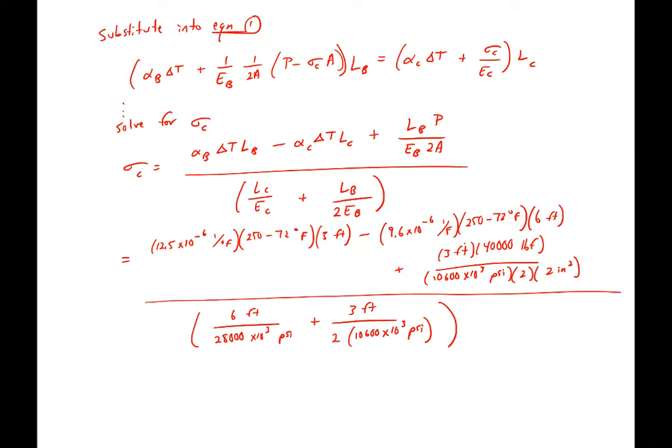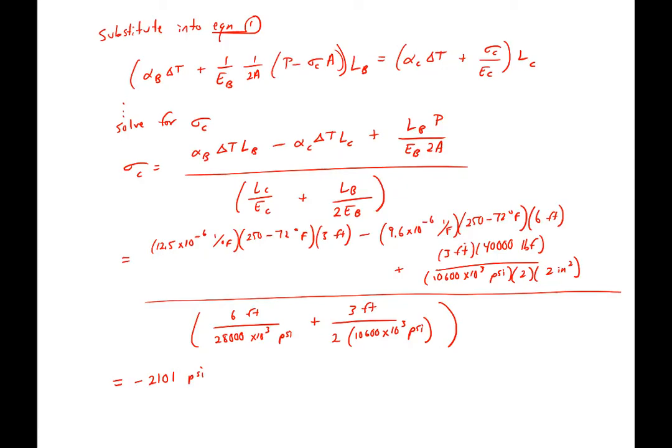And you have to be a little bit careful here with how all of our things are going to cancel, right? We have to make sure that all of our units are going to cancel. And if we do a unit check, what we end up with is psi at the end here. So negative 2101 psi.